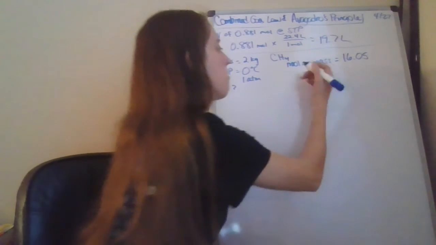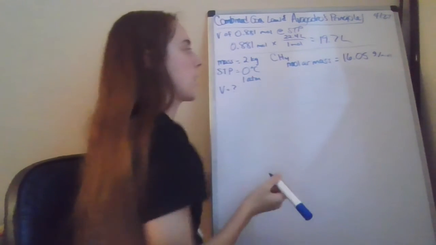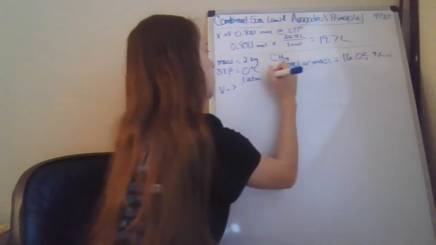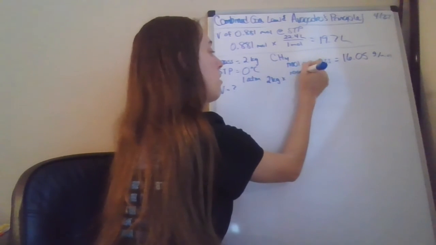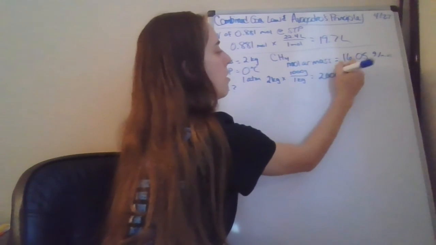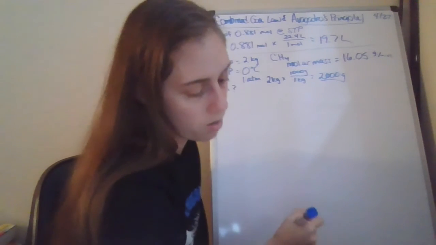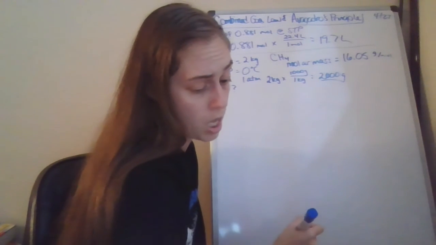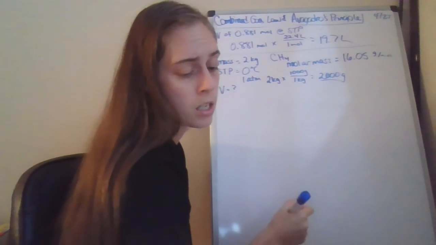But our issue is molar mass is in grams per mole, and this is in kilograms. So let's convert. 2 kilograms times 1,000 grams in 1 kilogram equals 2,000 grams. Cool, not so bad. Now we know how many grams. We know that there are 2,000 grams, and we know that methane is 16.05 grams per mole.